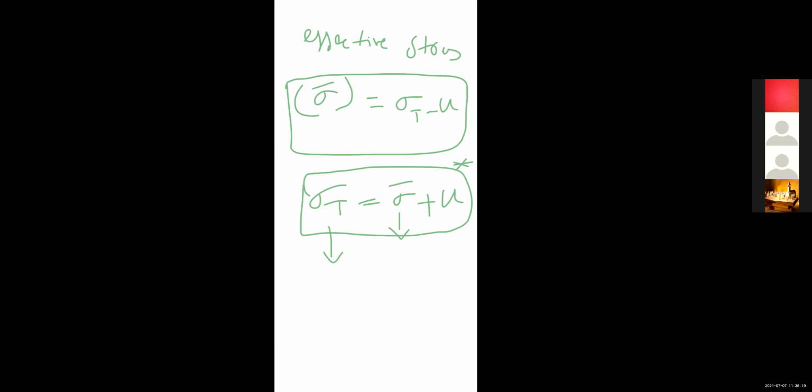On the basis of this formula and concept, we find different conditions of soil strata and calculate effective stress and pore water pressure. So see the first condition. The first condition is very simple, that is when soil is in dry condition.